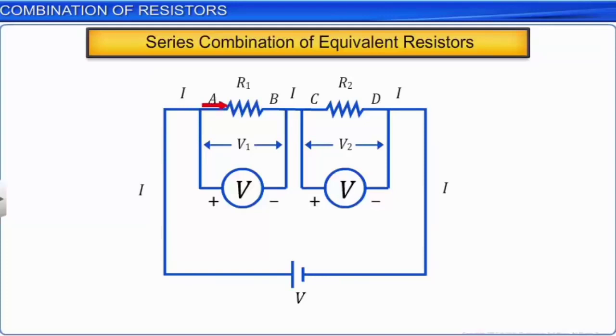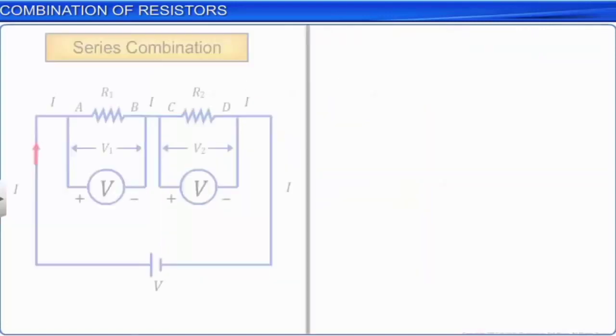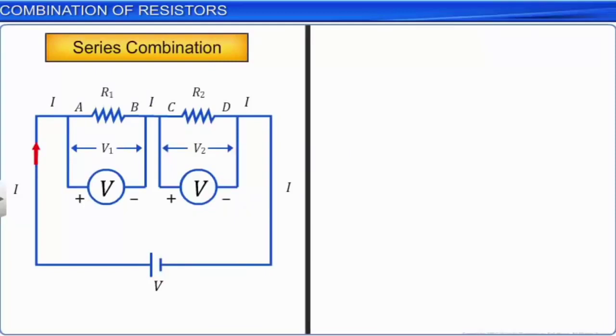According to Ohm's law, V is equal to I into R, where V is the voltage across the resistor, I is the current flowing through the resistor, and R is the resistance of the resistor.